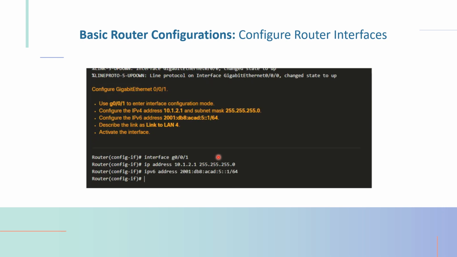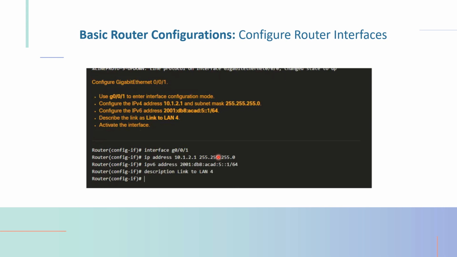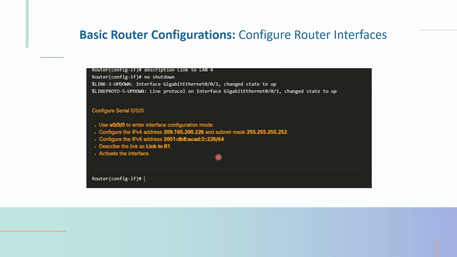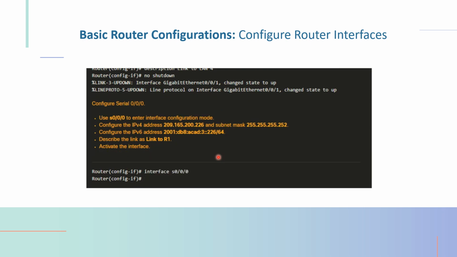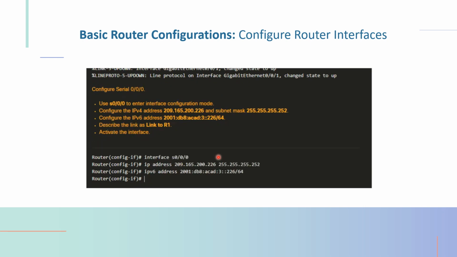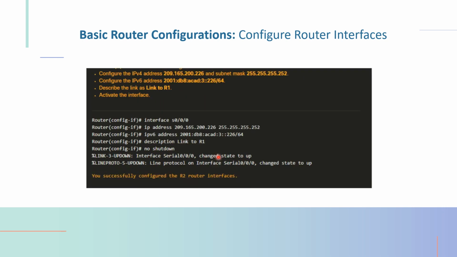We have to add a description, which in this case connects the link to LAN 4. And then we have to configure the serial 0/0, which is the interface that connects router 2 with router 1. And each interface we have to activate with the no shutdown command.